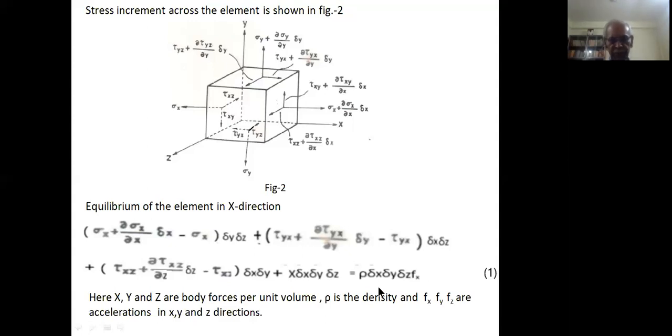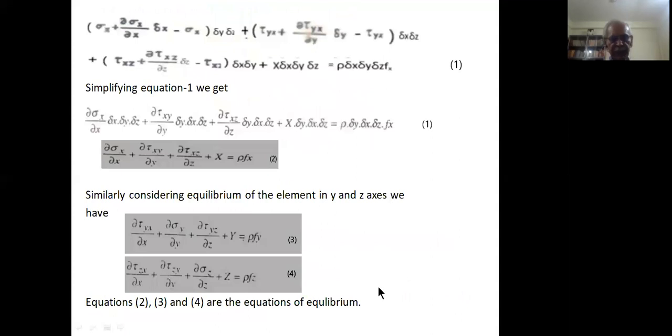Now let's try to simplify it. We rewrite that equation here and try to simplify it. How do we simplify? Here sigma x and sigma x cancel out, and we are left with del sigma x by del x into delta x.